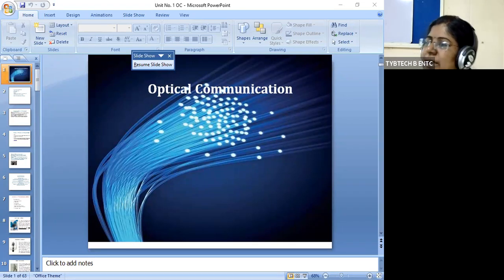After that, through various research, various optical devices were developed. Optical joints are there, then optical sources, optical detectors, optical couplers are also there. All that is in the subject Advanced Light Wave Communication.